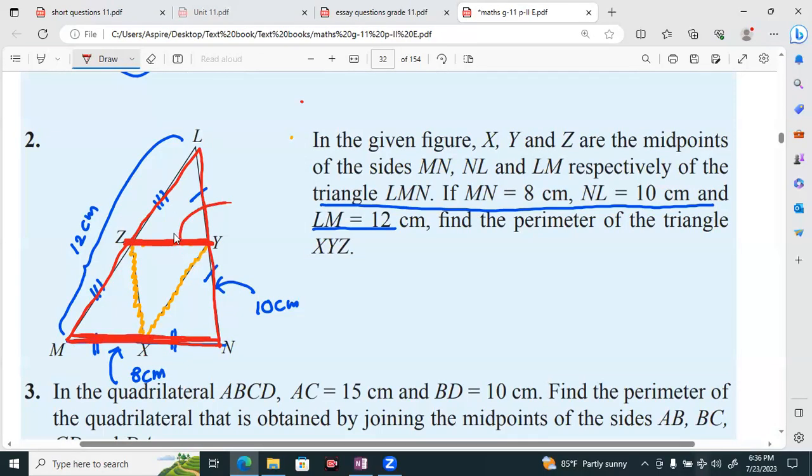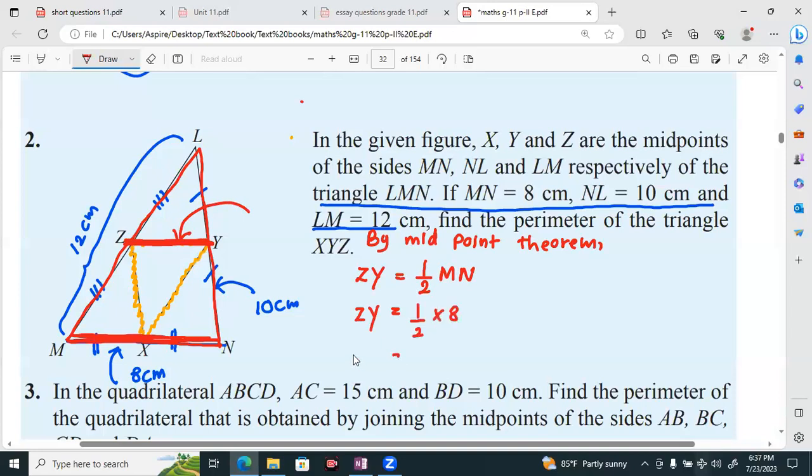Therefore, by the midpoint theorem, ZY equals half of MN. Half into MN, which is 8, means ZY equals 4 centimeters.